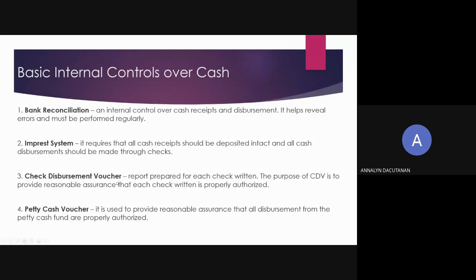Next, check disbursement voucher. This is a report prepared for each check written. So kada susulat ka ng check, kada magbabayad ka through check, sulat mo. Alright? Yung purpose ng check disbursement voucher is to provide reasonable assurance that each check written is properly authorized.